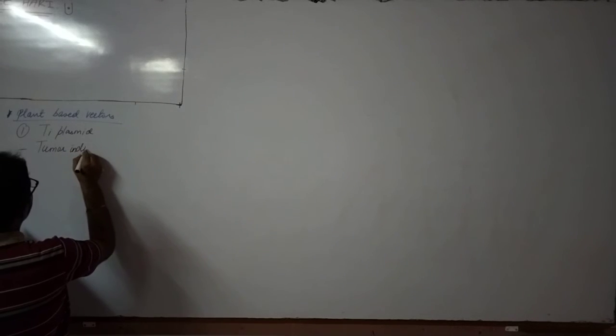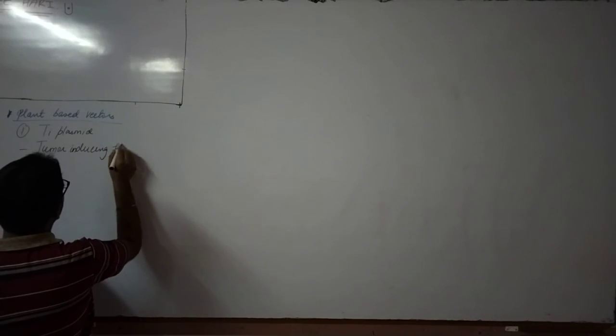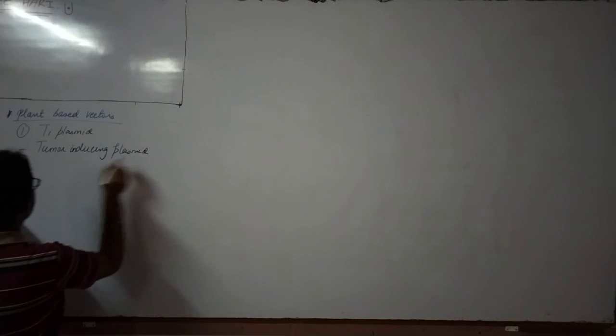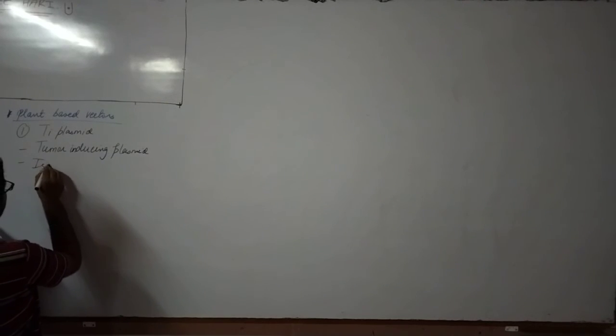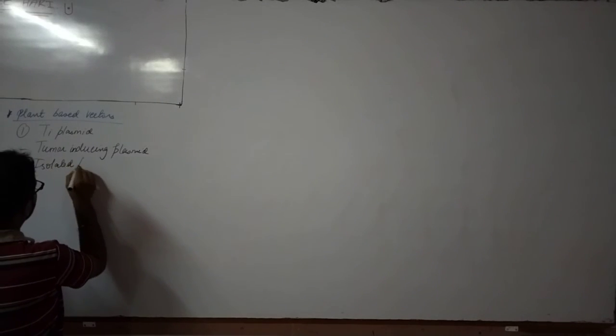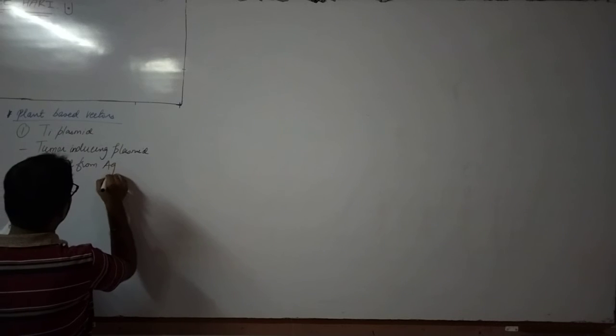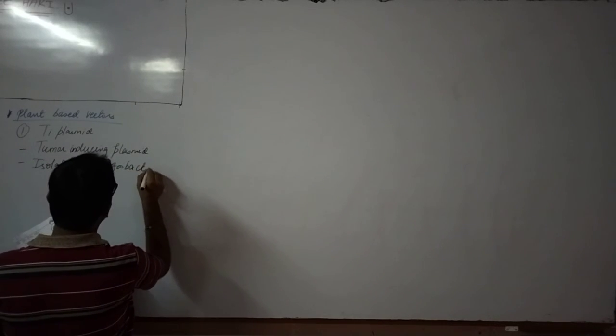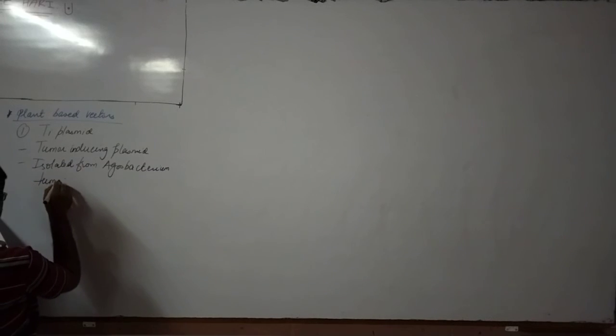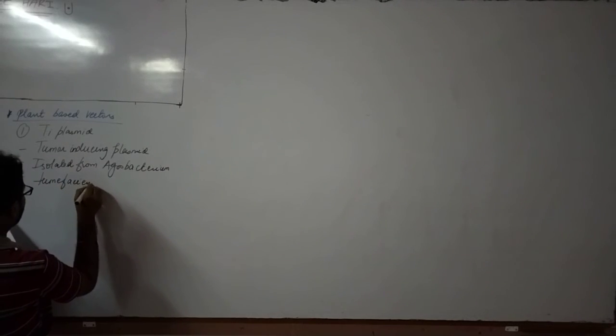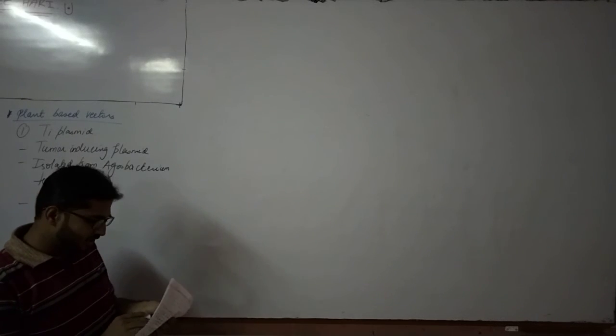So Ti plasmid is tumor inducing plasmid that is isolated from the bacterium Agrobacterium tumefaciens.